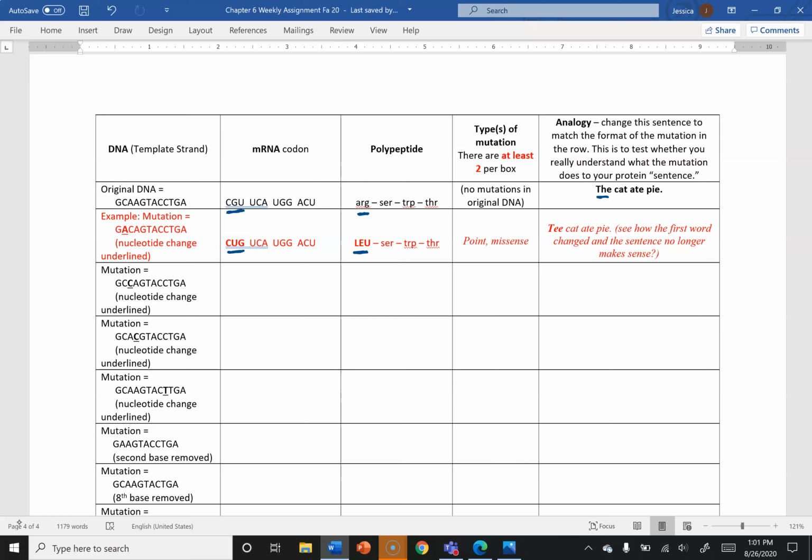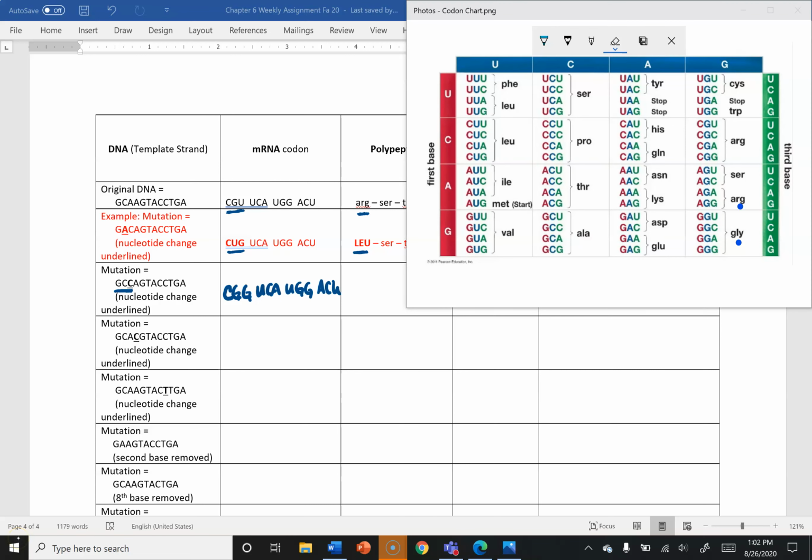So I'm going to go through the next one with you. In this one, we make a change in the third base. So here we are going to have CGG, UCA, UGG, ACU. So if we pop back over to our codon chart, instead of the original CGU, we now have CGG.